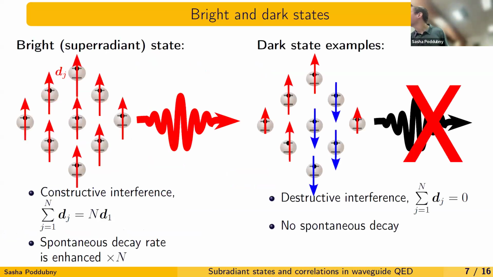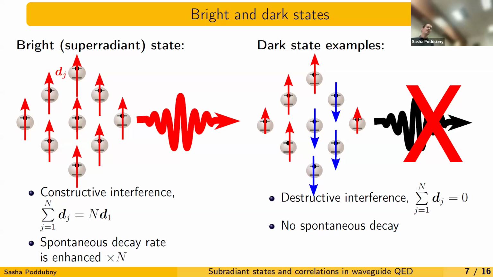So what are subradiant states? They are states where spontaneous emission from different atoms interferes destructively. You can understand this even when you talk about classical antennas. If all your antenna emitters are in phase, there is constructive interference, and your spontaneous emission intensity will be higher, but your emission lifetime will also be shorter.